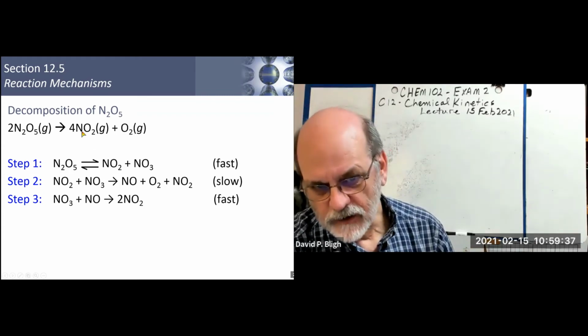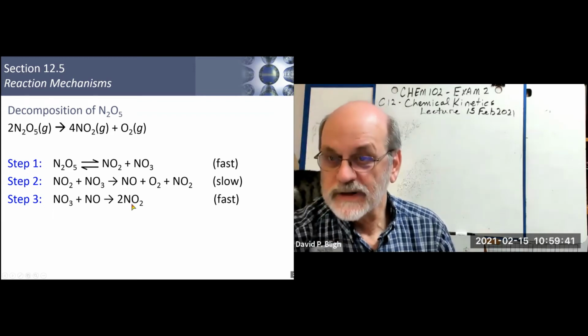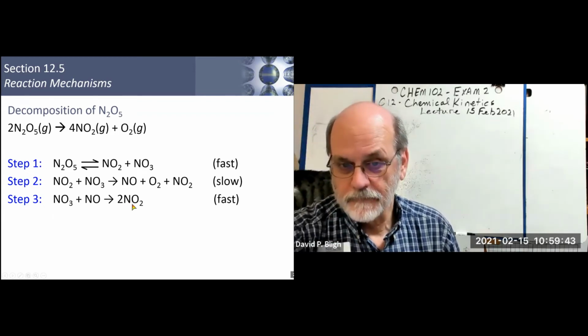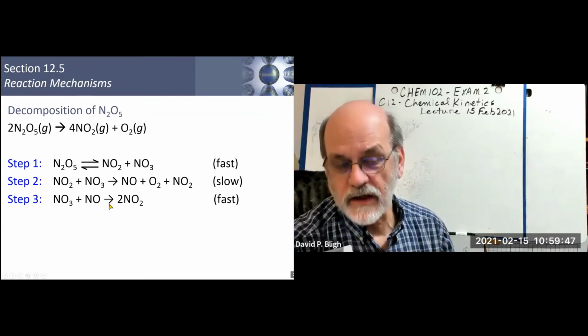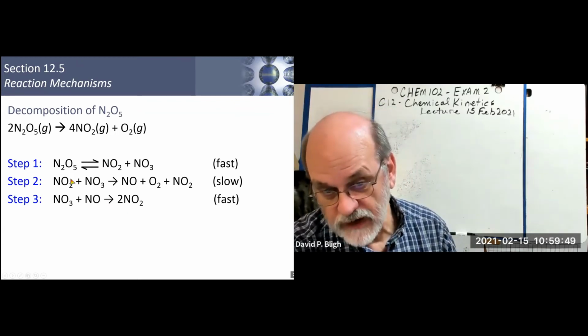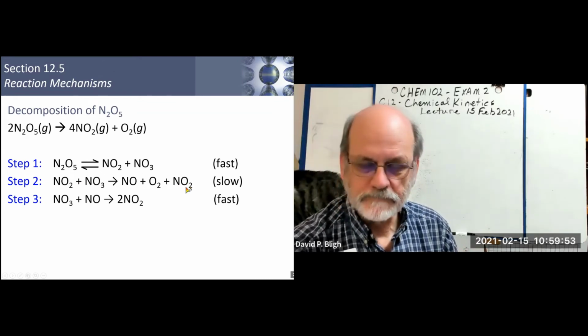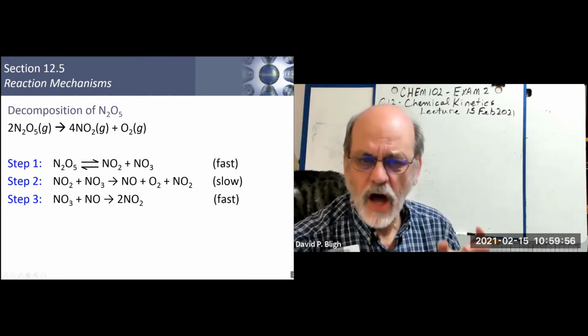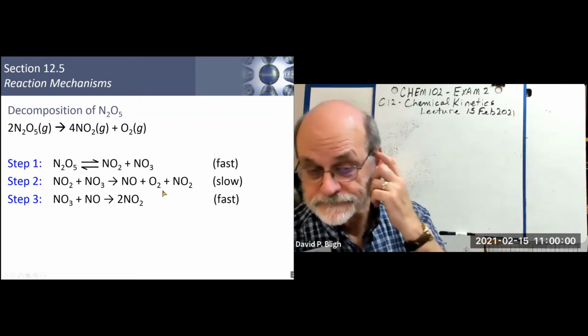Well, let's see. There's NO2, there's one there, and there's two there. So we need another one somewhere. Yeah, we will need another one because this one was used up over here. So we are going to need another one over here. And oxygen, well, oxygen's okay. It's sitting right there.